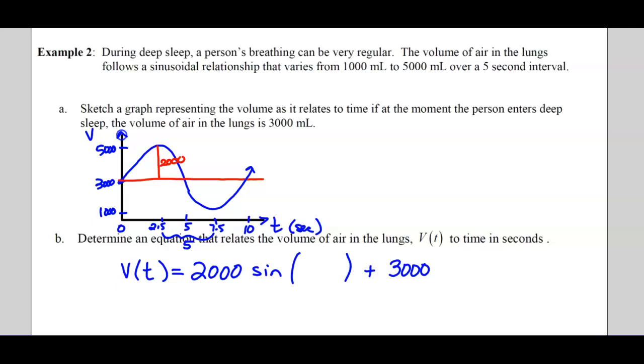So then, thinking about this, there is no translation, but there's certainly a horizontal stretch. So remember, a regular sine graph is 2 pi. Now this period is 10. So B equals 2 pi over 10, and reduce that. So that's going to be pi over 5 t.